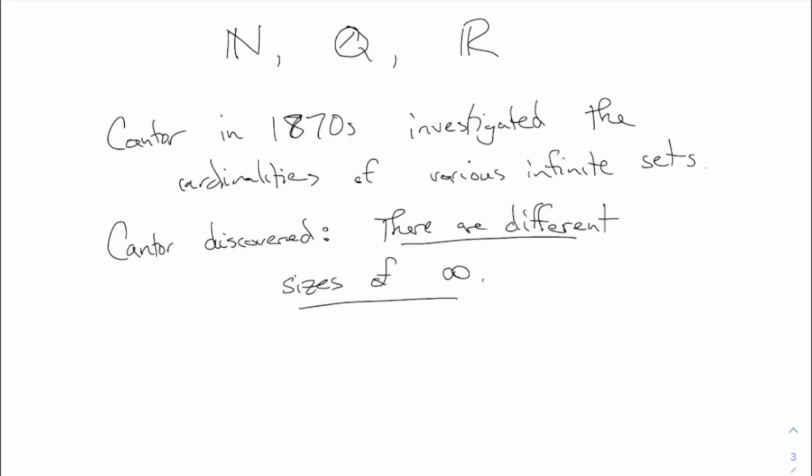Very strange and interesting fact, in my opinion. There are different sizes of infinity. I don't know if anyone's wondering, how many different sizes of infinity, if you were to guess? What do you think? Infinitely many? Yeah, actually, it's true. There are infinitely many different sizes of infinity.